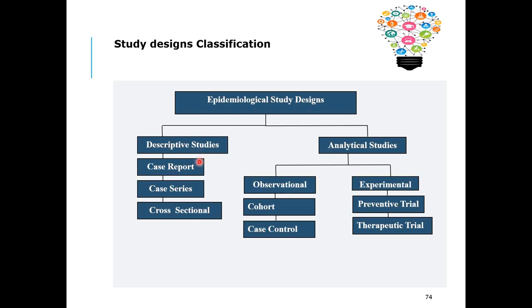Fine. Going towards the descriptive studies, number one is the case report. Case report means any unusual happening which has occurred in the surroundings of the researcher, which is unexplainable, and the researcher wants to find out the reason of a single case which has occurred there, will be known as a case report.